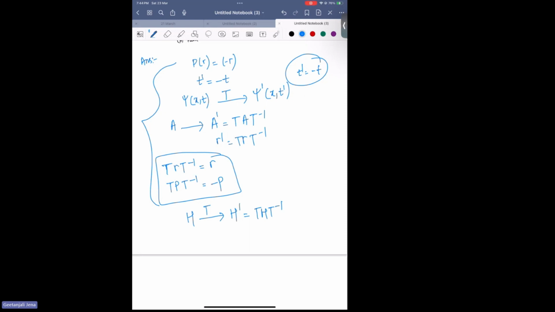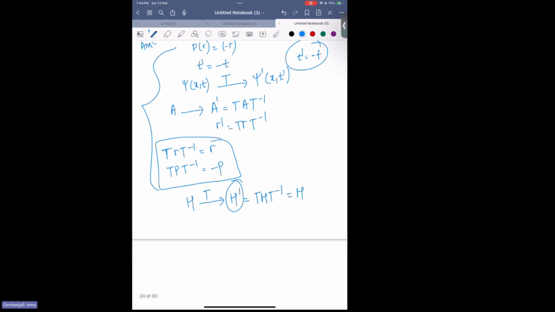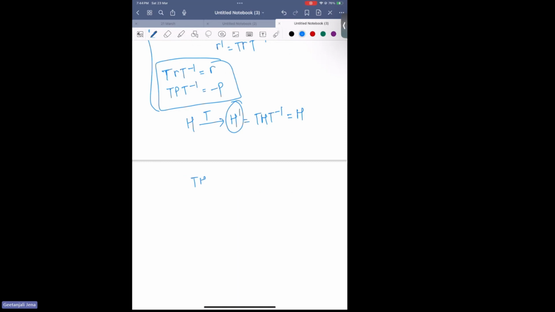So if the Hamiltonian is invariant under time reversal, that means H prime is equal to H. Under time reversal it remains unchanged. So T H T inverse equals H. This means, if you multiply by T from the right-hand side, T H equals H T. This is what we mean by time reversal invariance.